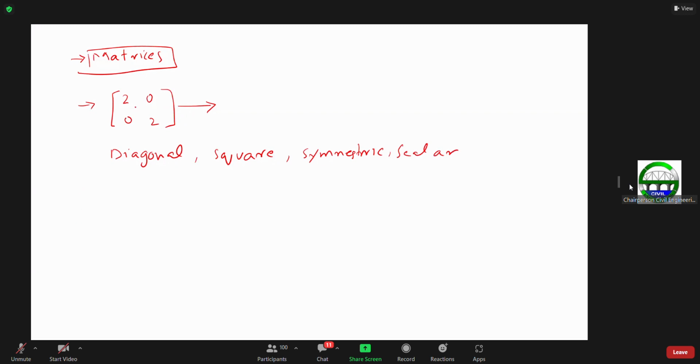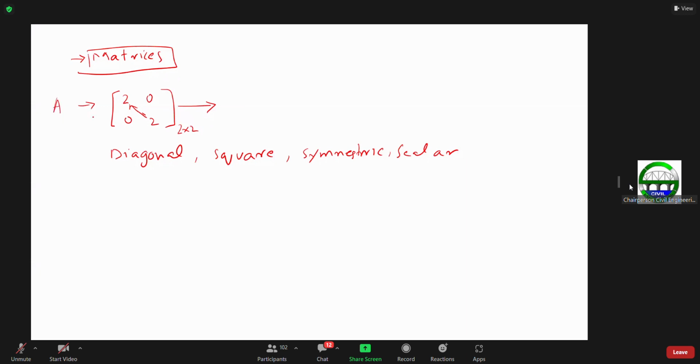Okay. In a scalar matrix, the diagonals should be the same, right? In a diagonal matrix, all the elements except the principal diagonal are zero. And a square matrix here is a 2 by 2 matrix. Why a symmetric matrix?